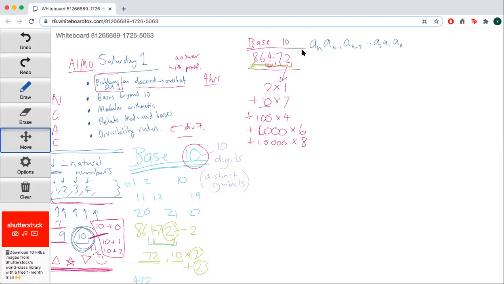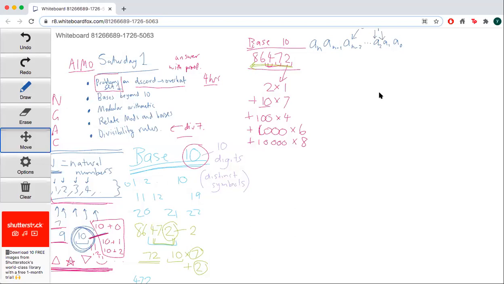So here I've just written a general number. And instead of writing numbers, I've replaced them with the letters A0 all the way up until An. So this blue mess here represents a sequence of digits. Each of these things is from 0 to 9.